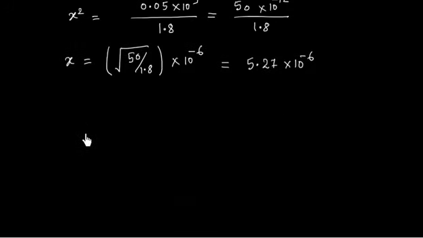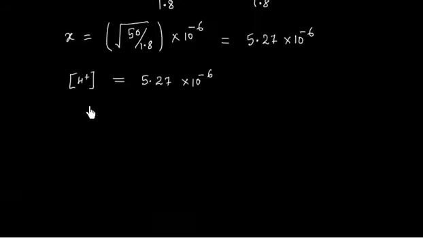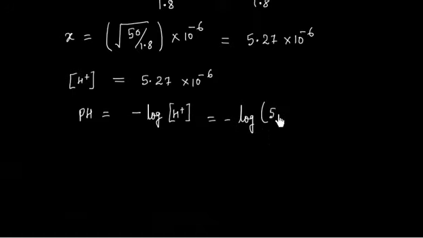So the concentration of H plus I know, that is 5.27 into 10 to the power minus 6. Once I know the concentration, we can calculate pH, that is minus log of H plus. So minus log of 5.27 into 10 to the power minus 6.